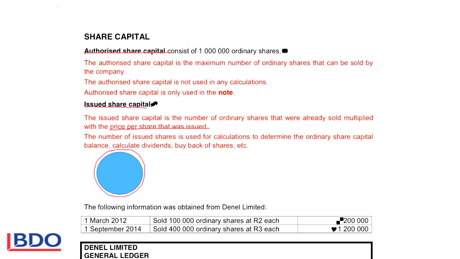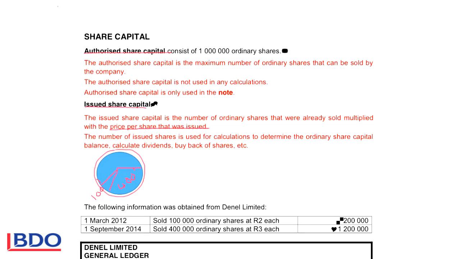Now, in this blue ball, we've got the 1 million shares. If we want to issue 100,000, it means that we cut out a slice of cake for the 100,000 shares that we want to sell. So that means that this part of this million is now sold and we can't sell it again. If we decide to sell another 400,000 shares because we want to expand the business and we need more capital, then we will cut out another piece of the cake and issue those 400,000 shares.